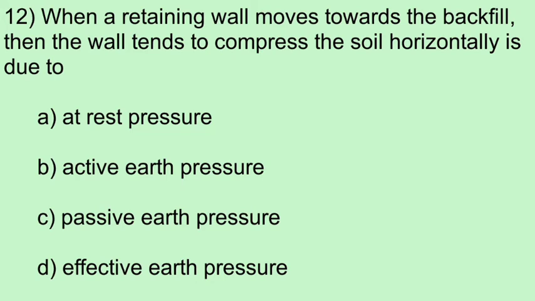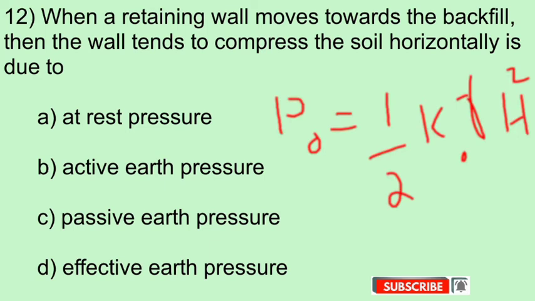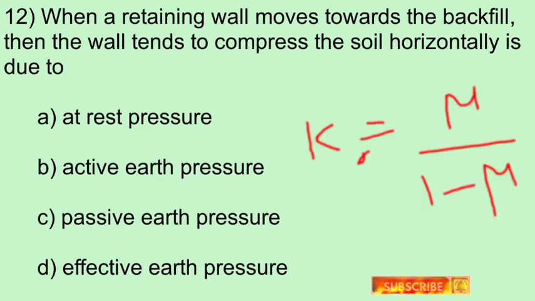What is earth pressure at rest? The pressure exerted by the backfill on the wall at rest. Since the wall should be designed to resist the backfill pressure, earth pressure at rest P0 is equal to half K0 gamma h square. This much kilonewton per meter, where K0 is the coefficient of earth pressure at rest, which is equal to mu divided by 1 minus mu for any type of soil.